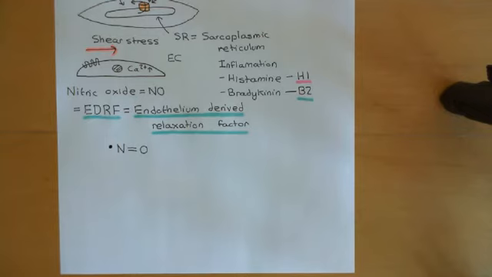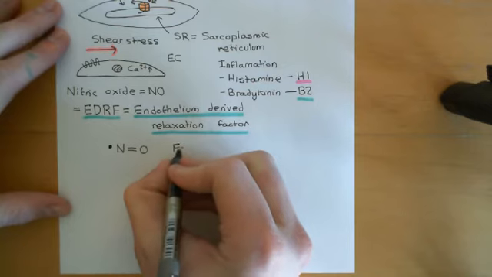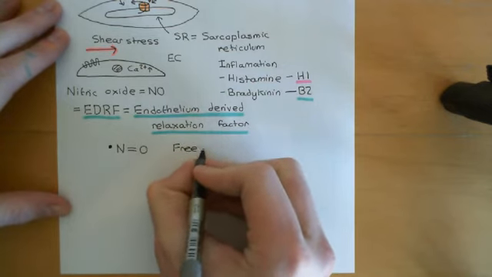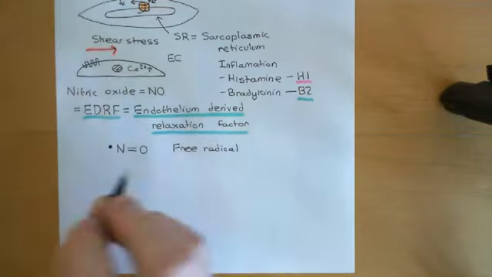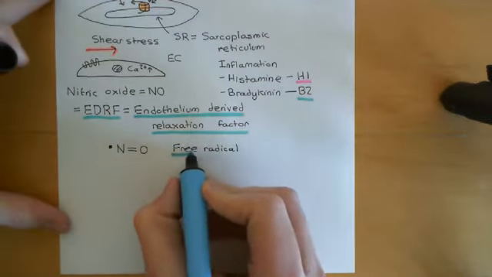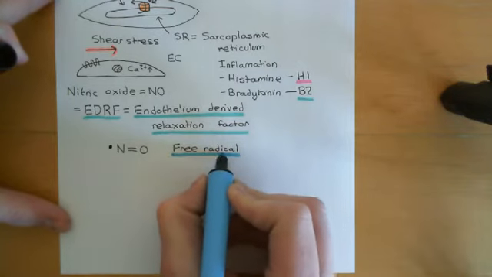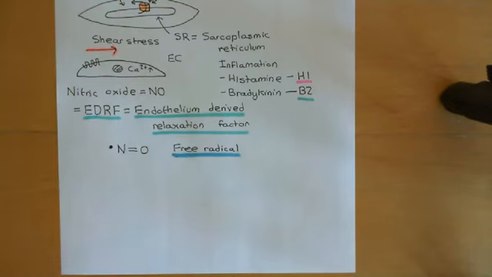Okay, it's not paired, it's on its own, which means that nitric oxide is actually what's known as a free radical. So chemical structures which contain unpaired electrons are known as free radicals. Now, free radicals are usually seen as very, very dangerous in biology, because they are incredibly reactive generally.